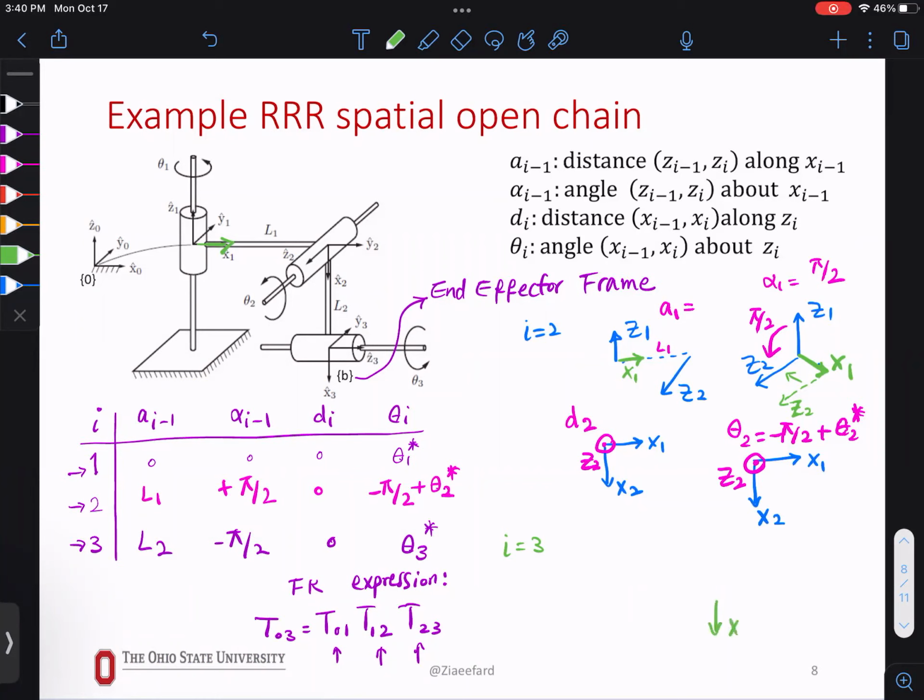This is x2. This is x3, right? I need to find the angle between them along Z3, which is in this direction. X2 and X1 coincide, so there's no angle between them. If it was slightly different for some reason, then you would have whatever angle. This is the configuration of the robot.